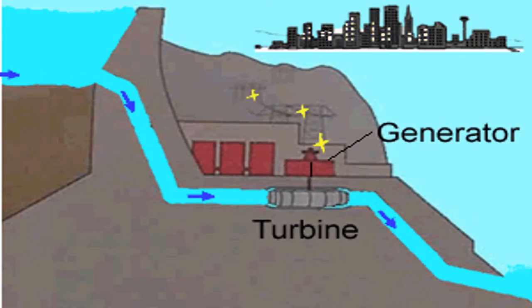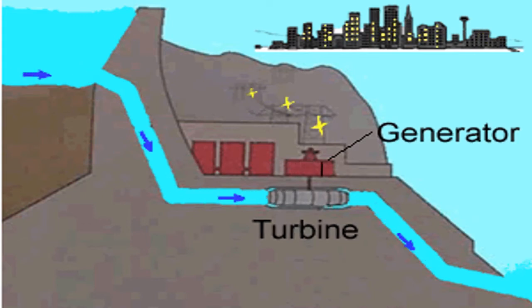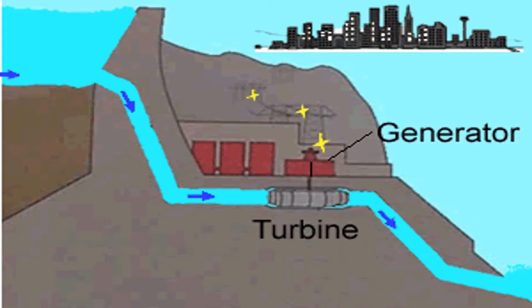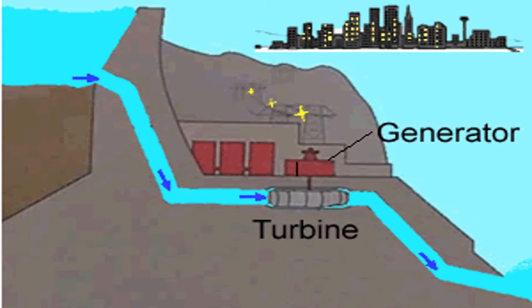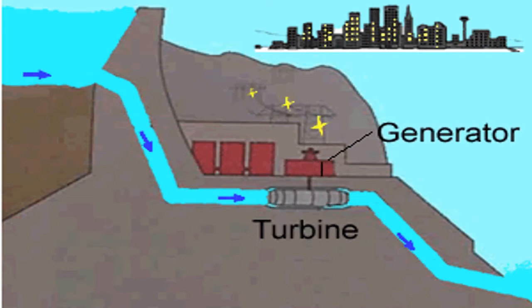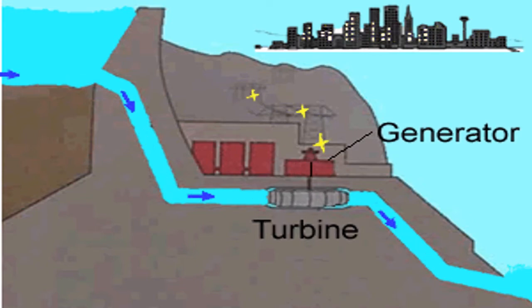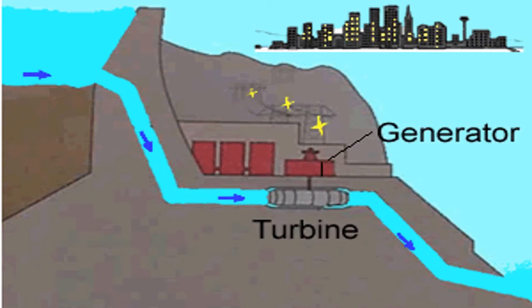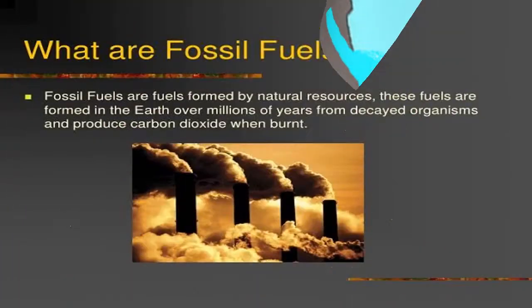A generator is a device that converts one form of energy into electrical energy. So that's how hydroelectricity is produced, by the movement of water.